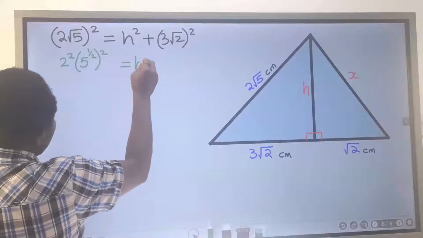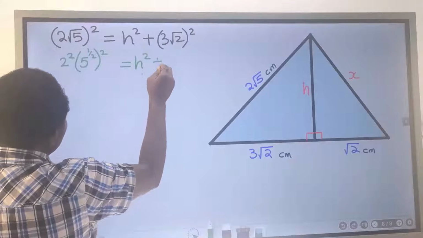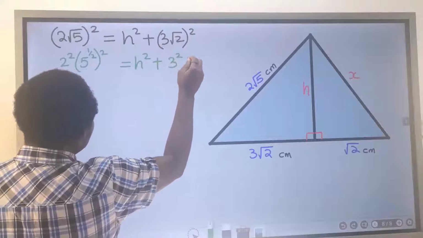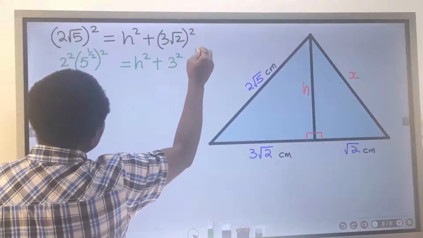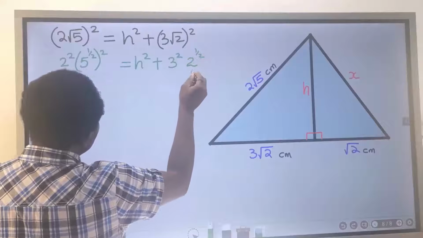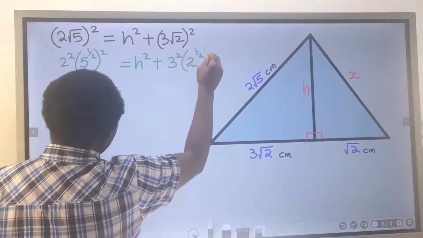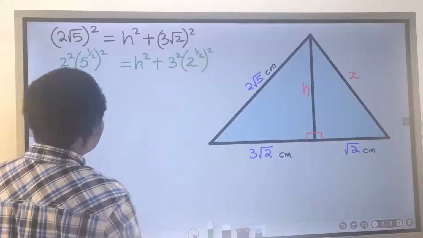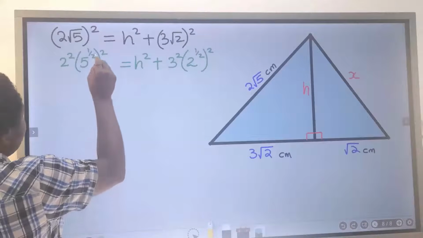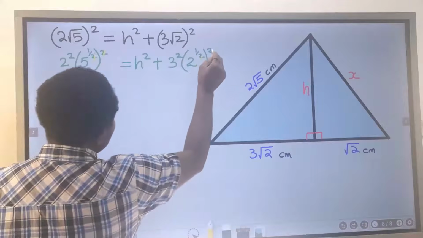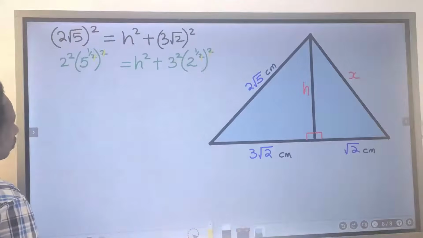Here I have h squared plus this is 3 to the power of 2. This is 2 to the power of 1 over 2, which is the same thing as the square root of 2 all squared. Next, this 2 we take away this 2. Likewise, this 2 we cancel this 2.